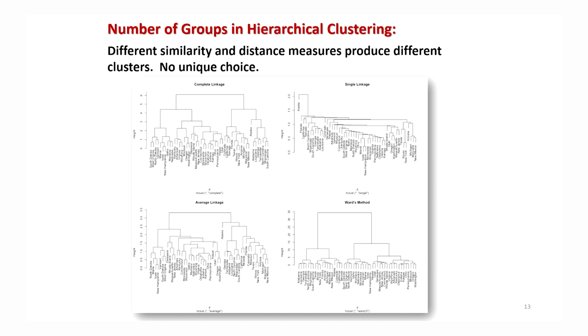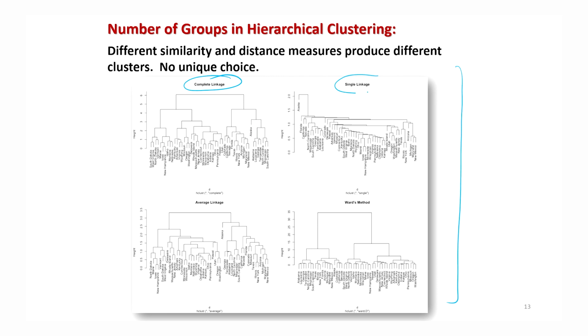For example, this is only an example where I have taken some data that we are going to use in our software. I'm trying to use different types of similarity and distance measures to produce the clusters. And you can see here there is no unique choice. For example, this cluster is based on the complete linkage. If you try to recall, we had done it.